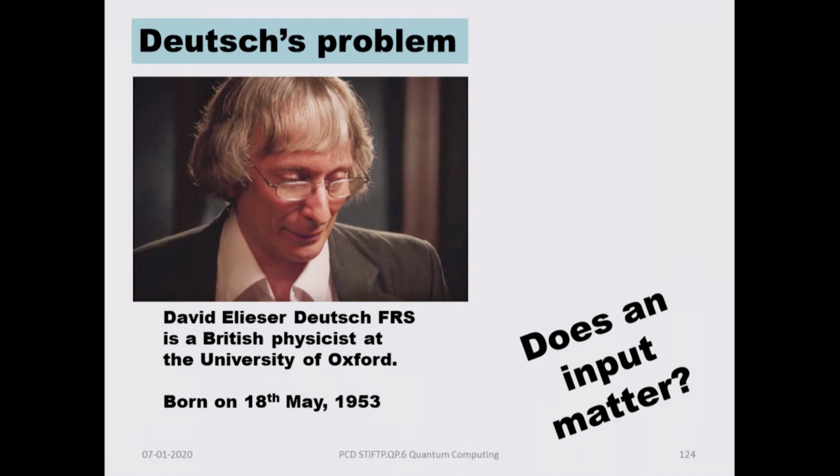So Deutsch was looking for something which a quantum gate would do, which a classical gate cannot. Okay. So he was looking for some problem of this kind, and the problem that he ran into was this, that okay, if you have a certain function box with a certain input and a certain output, and I will tell you what input and output you are looking for, what kind of output do you get?